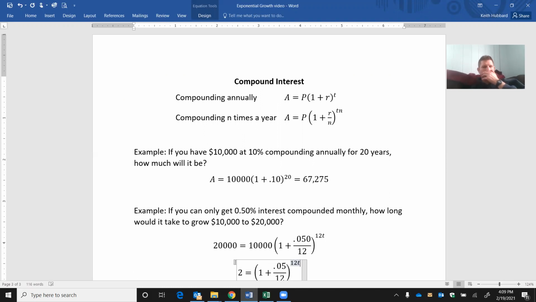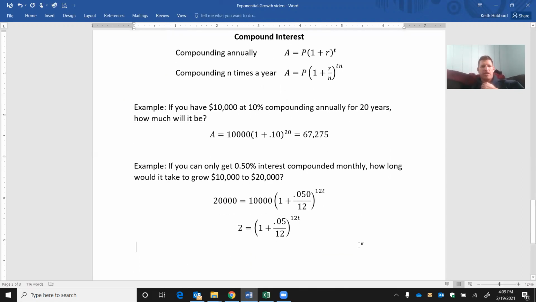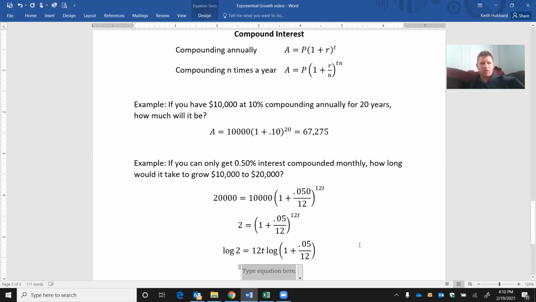How do you solve for a variable in the exponent? Well, isn't it a good thing you know logs? So we'll just take log base 10 of 2 equal to log base 10 of 1 plus 0.005 divided by 12. And remember, an exponent, using the power rule, can come down in front of the log. So it would be 12t here. Well, I want to solve for t. So what am I going to do?